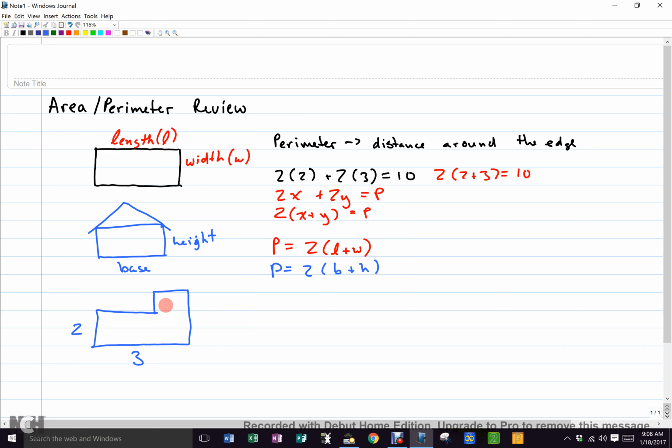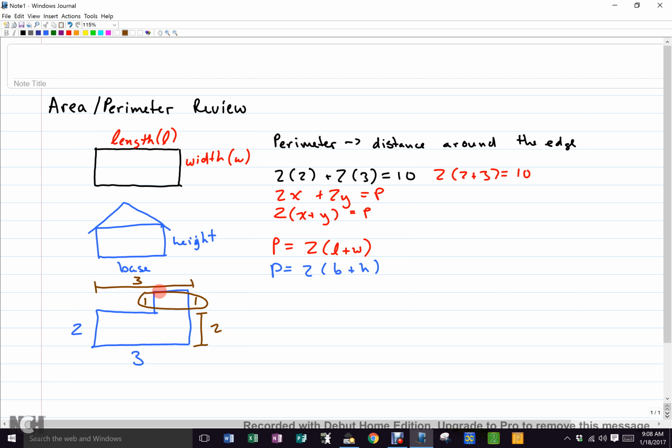So if this is 3, how long is all of this? 3. How long is this part? 2. So don't I have the same rectangle? But I've added how much? 1 and 1. Everybody understand? Everyone can do perimeter of a rectangle, yes?